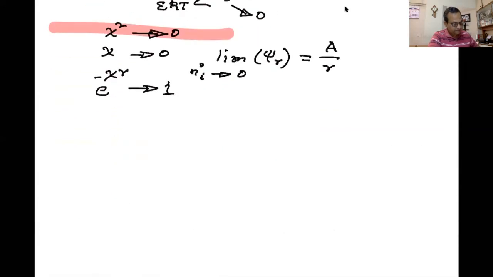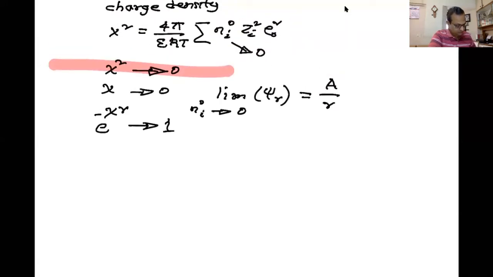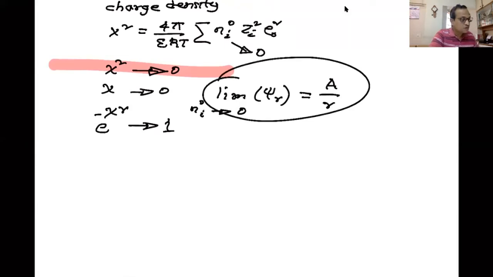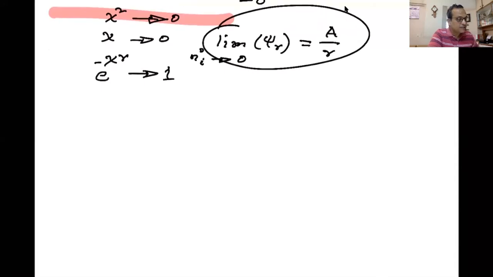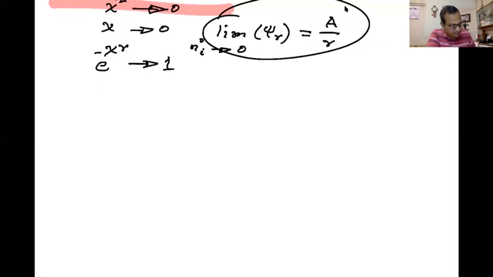So limit psi r is equal to a by r. If you equate this with our original equation, then a by r is equal to zi e0 upon epsilon r.